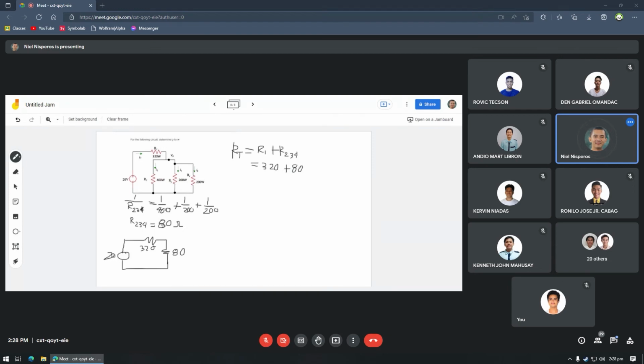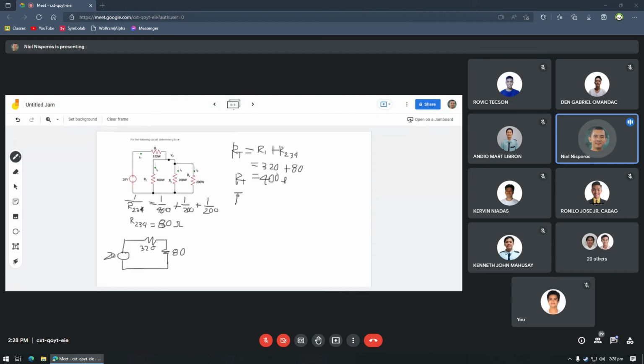Okay, 400. Yeah, 400. So 400 ohms. That is our R total.